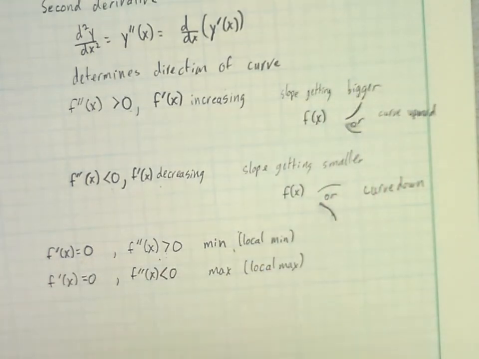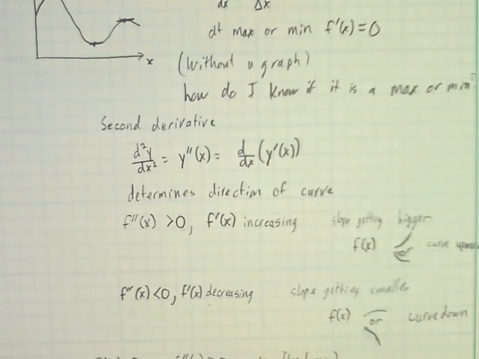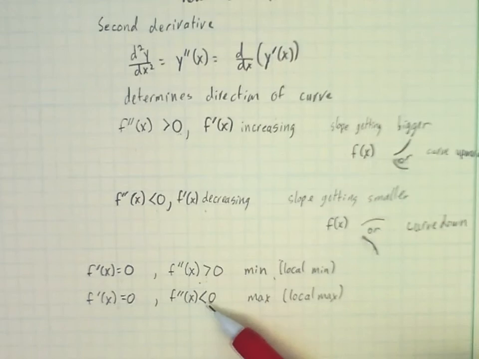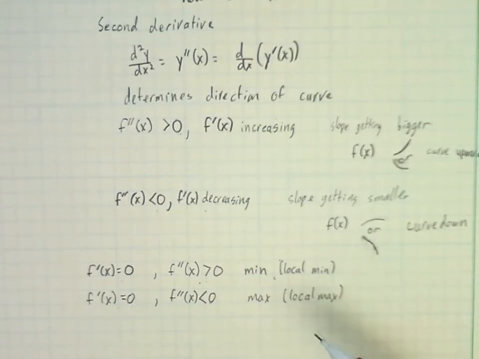If the derivative is equal to 0, we know we're at one of these maximums or minimums, and the second derivative is less than 0, then we're at a max because it's curved down, so we must be at the top of the peak. So we can use those two things to help us determine whether it's a max or a minimum.